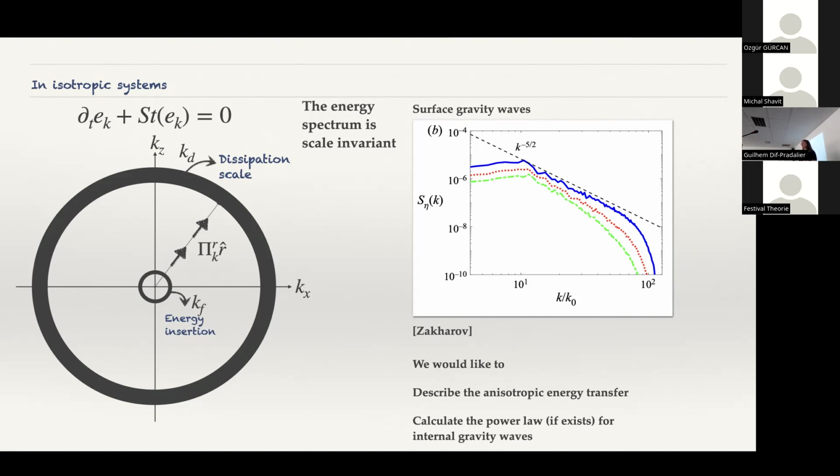So in the kinetic equation, forcing and dissipation you can introduce through boundary conditions. And these boundary conditions are going to be universal, so they're going to be the same for all the anisotropic systems, and I don't want them to depend on the specific way I force or dissipate the system.